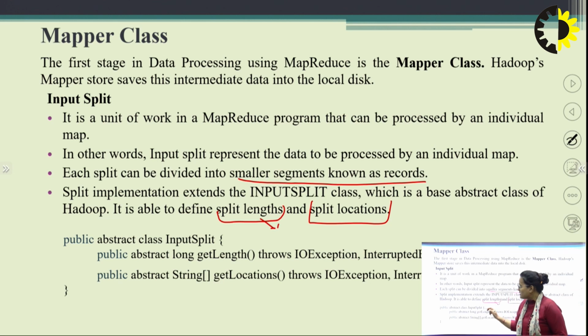Public abstract class InputSplit has two methods: first one is getLength, second one is getLocation. From getLength we get the length of a block, and from getLocation we get the location of a particular block.